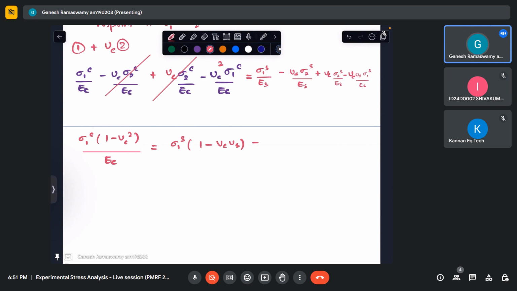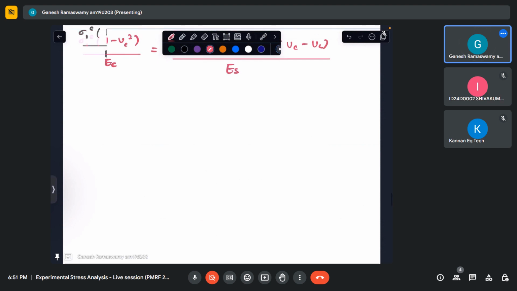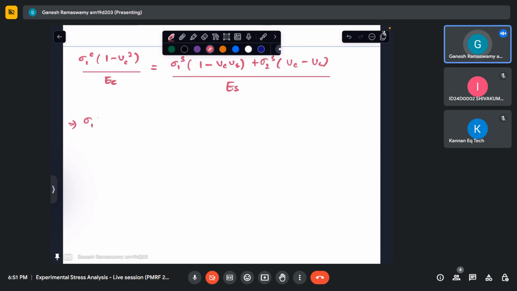Very well. So this gives me that sigma 1c is nothing but Es by Ec into 1 minus mu c squared into this quantity, sigma 1s into 1 minus mu c mu s plus sigma 2s into mu c minus mu s. Now that we have got one, similarly you can eliminate the other, and towards the end sigma 2s also can be similarly obtained.